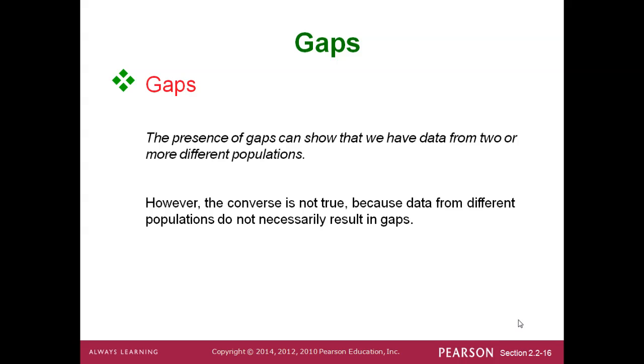If there is a gap, let's say you had a class that had 0 in the frequency, then that tells you there may be 2 different populations going on, that this group should be studied together, and then there's a gap, and this other group should be studied separately. Okay.